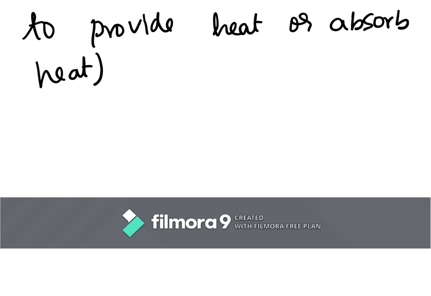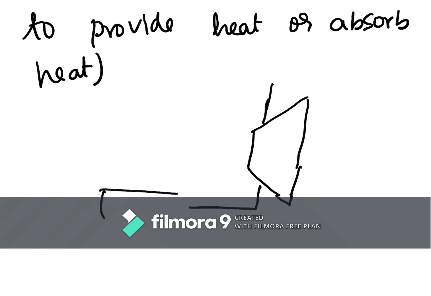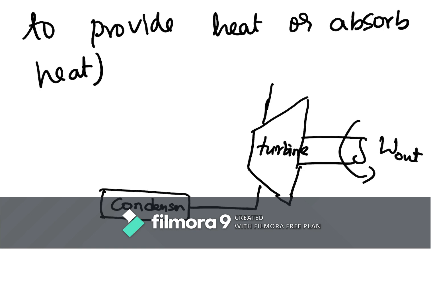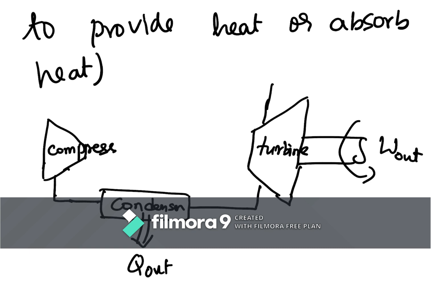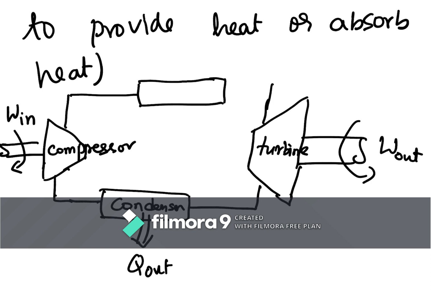You have a turbine that expands hot gases, where you extract work, and then you have a condenser where you reject heat, and then there is a compressor where you input work, and then there is a combustor or a heating element where you supply heat.